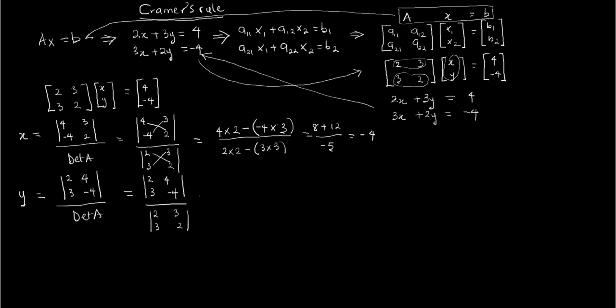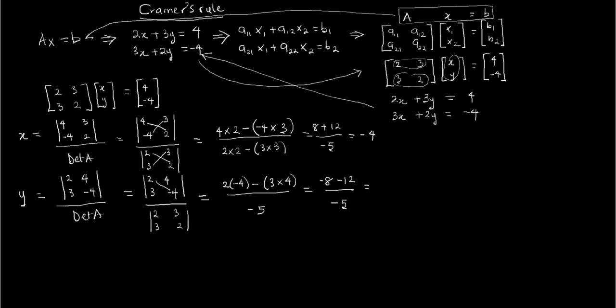Now we do the same thing for y. You cross multiply: 2 times minus 4 minus 3 times 4, divided by the determinant, which we've got before, which is minus 5. If you do this correctly, you should be getting minus 8 minus 12 divided by minus 5.